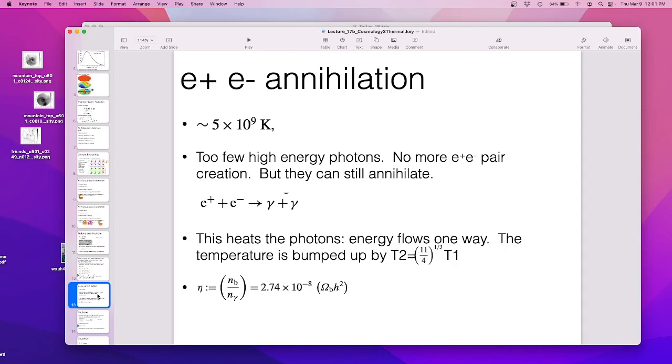There are some subtle details that I'm going to gloss over, but basically once it gets cold enough, the electrons can't be produced, which is kind of not true, because remember I mentioned that Wien tail, all the extra high energy photons. Those extra special high energy photons can also make some electrons, and they heat the CMB back up a little bit.